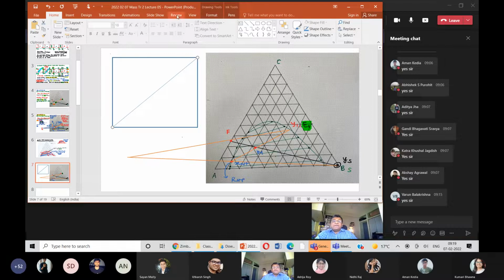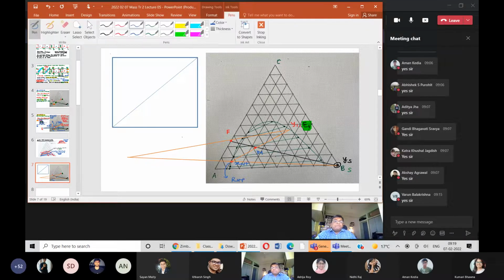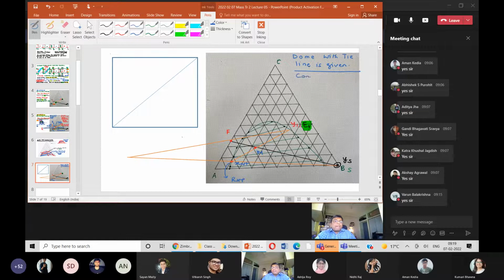Question is, if the dome is given, can we convert it or can we obtain YE versus XR plot from it?